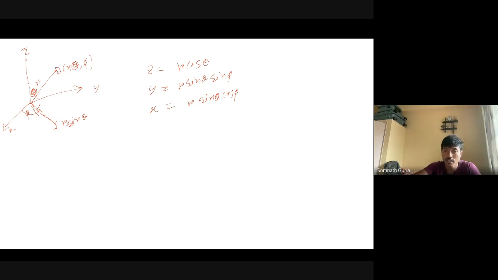Followed by this, the volume element is called d tau, defined by r square dr sine theta d theta d phi. This volume element actually comes from the Cartesian to polar coordinate transformation.